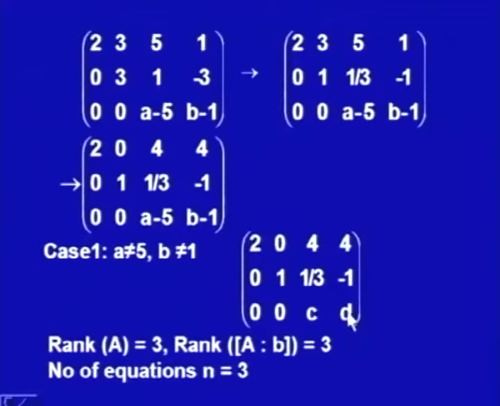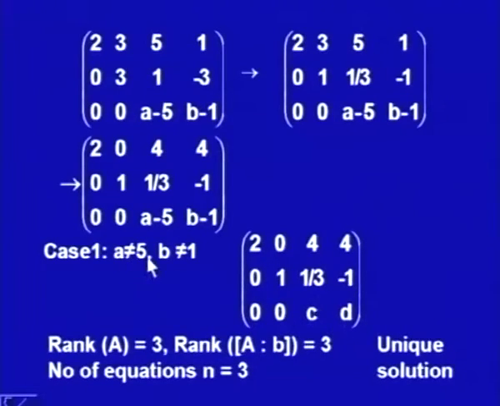So, whether it is 0 or not, this rank will be 3. So, rank of A is equal to rank of the augmented matrix. The number of equations is 3. So, this is a consistent system, and it also has a unique solution, because rank A is equal to rank of AB is equal to the number of equations. So, this system will have a unique solution.